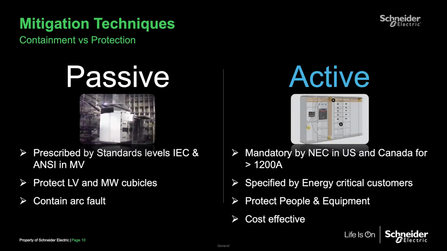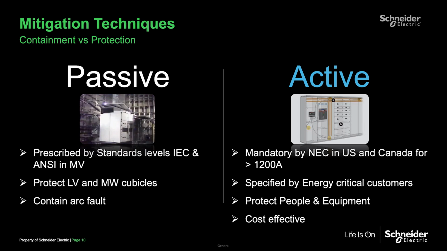Let's understand the dictionary meaning of passive-active. Passive, which is a bit reactive, in the sense that it happens a bit late. Active, something which happens instantaneously. Here also, the phenomenon is the same. When we are saying passive mitigation, that means a flashover is allowed to take place, and then you are doing a mitigation.